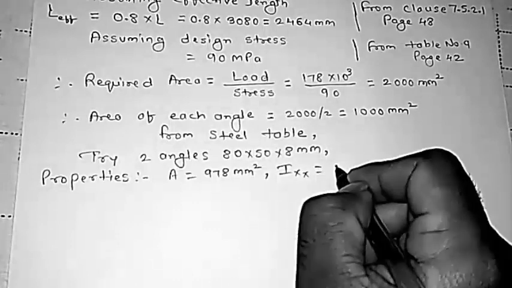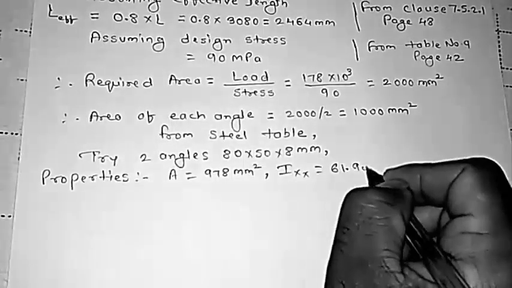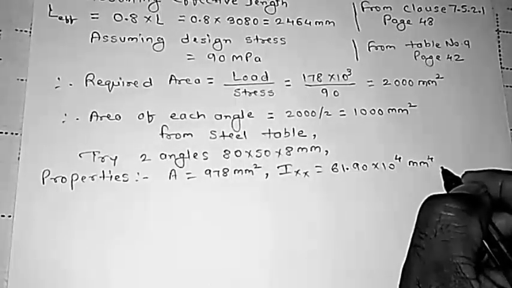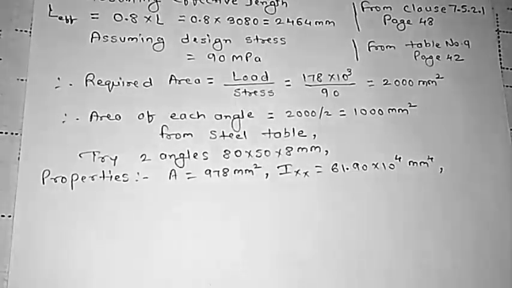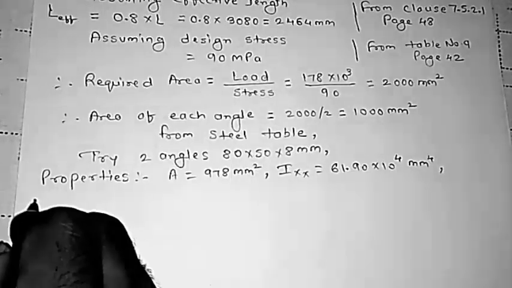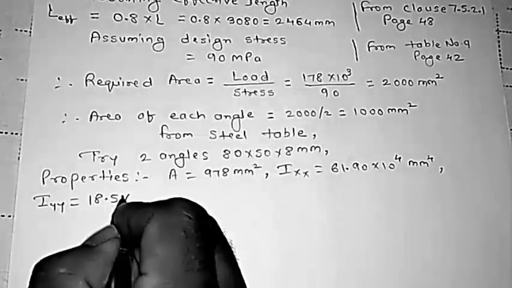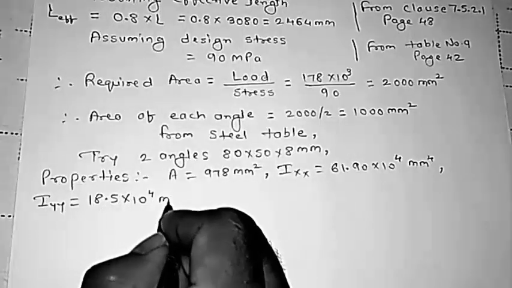Ixx is also given here, 61.90 into 10 raised to the power 4 mm raised to the power 4. Then Iyy will be equal to 18.5 into 10 raised to the power 4.